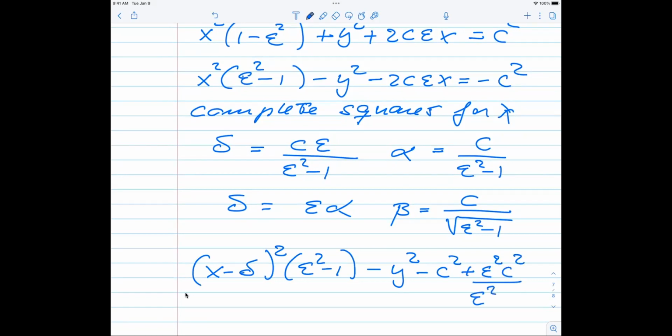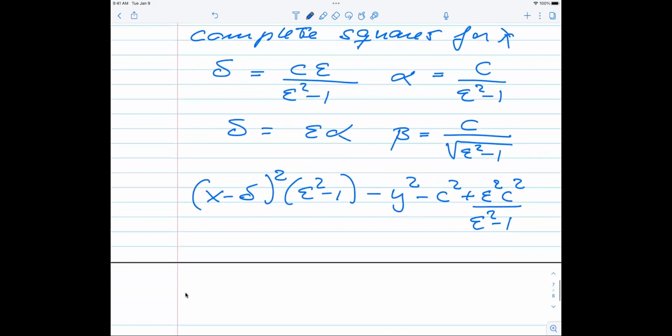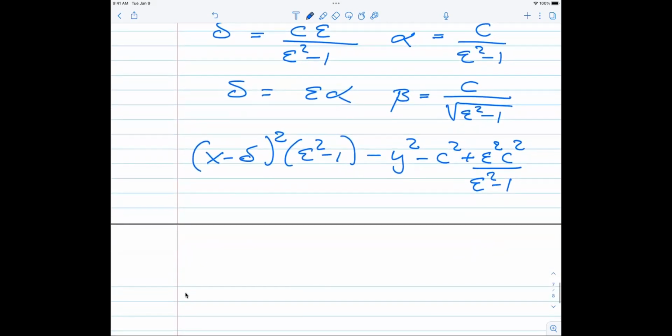So I'm adding delta on both sides. And then I'm going to divide by epsilon squared minus 1 on both sides. And that gives me a new expression here, which is going to be simply given by x minus delta squared, and then I'm going to have an alpha squared here, minus y squared divided by beta squared. And this is equal to 1.